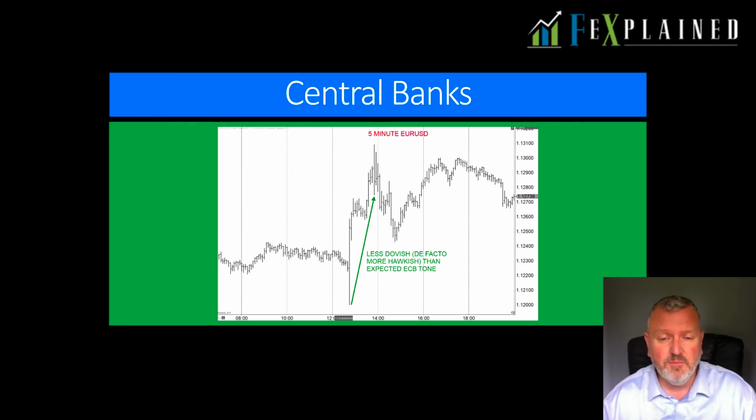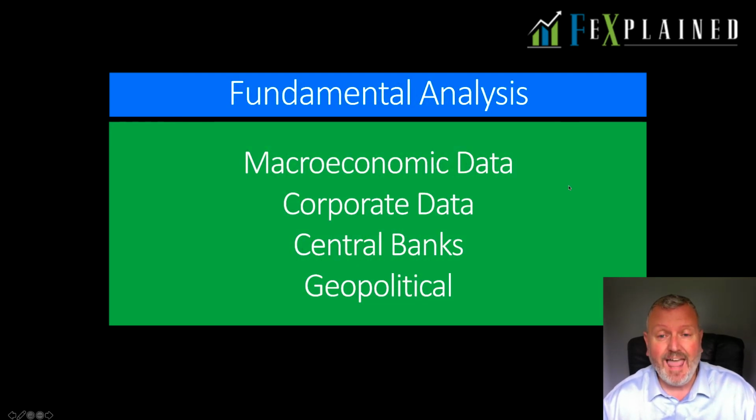More hawkish tone meaning not necessarily more likely to increase rates, but not being so soft on interest rates. But this tone that came from the ECB saw a spike higher. Remember, this is just a 5-minute chart. So a real spike higher initially in the euro versus the dollar during the announcement, and then during the press conference pushing even higher.